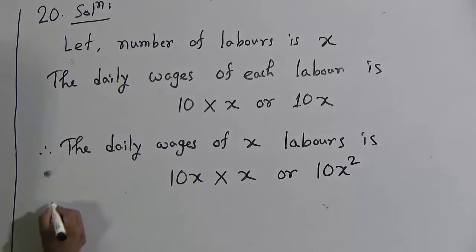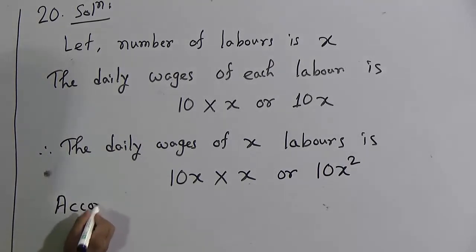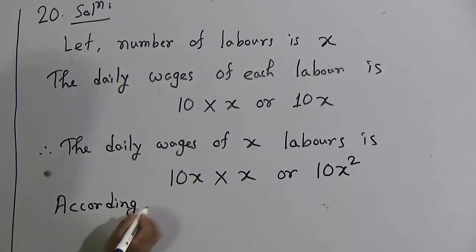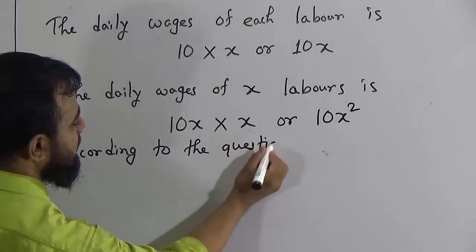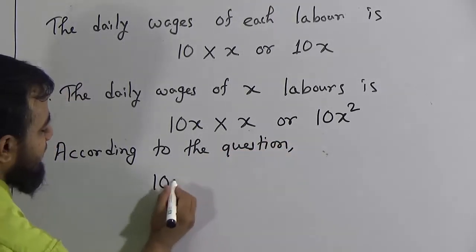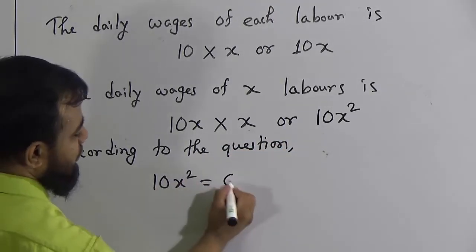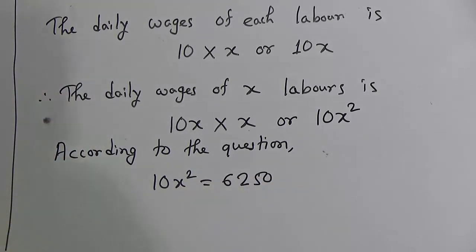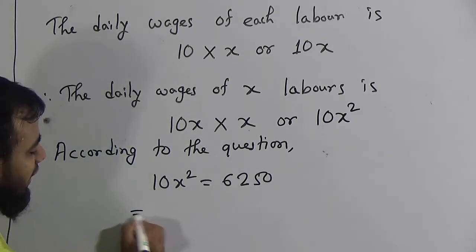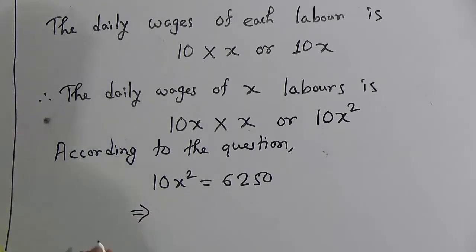According to the question, 10x squared is equal to 6,250, because it is given in the question that 6,250 is the total wages of the labors. From this equation we can calculate the value of x easily.